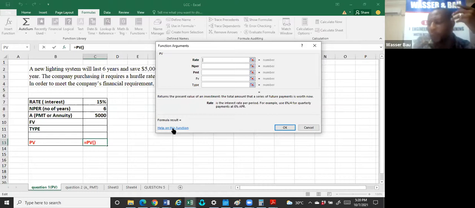Excel is so simple and so self-learning that you just have to muster the confidence and you can do a whole lot of things with Excel. So the rate, we all know the rate is 15%. So you put your mouse here, don't make mistake, follow me. When the mouse is here, you click on 15.